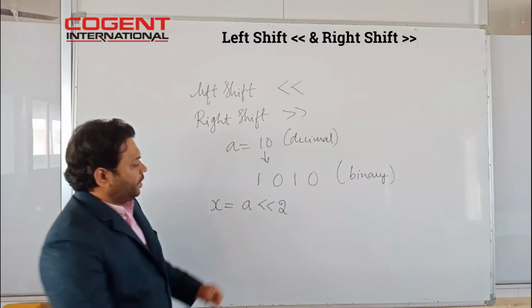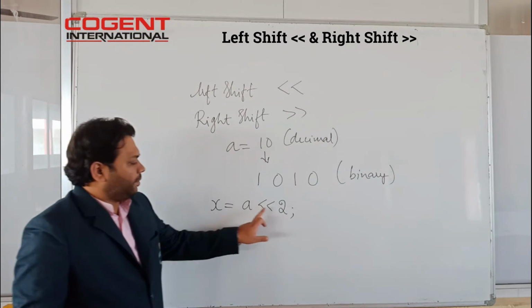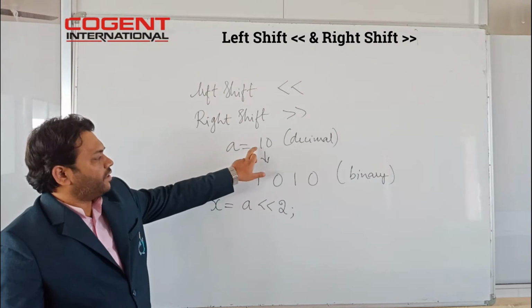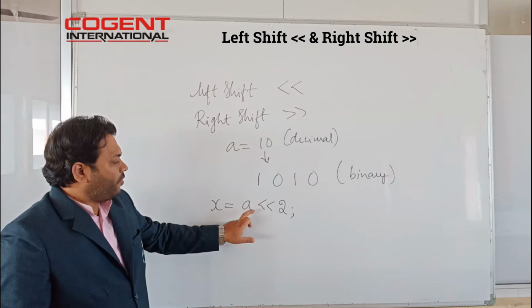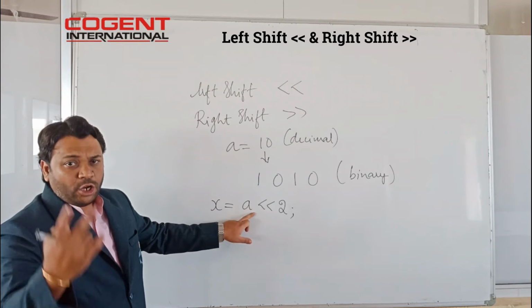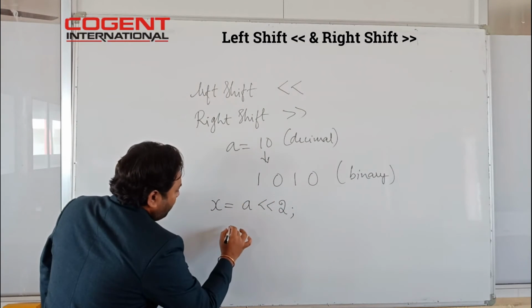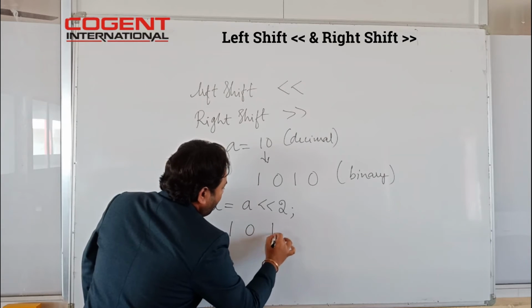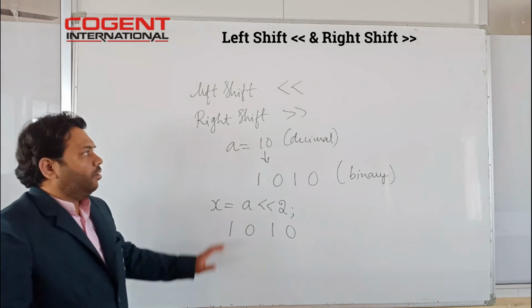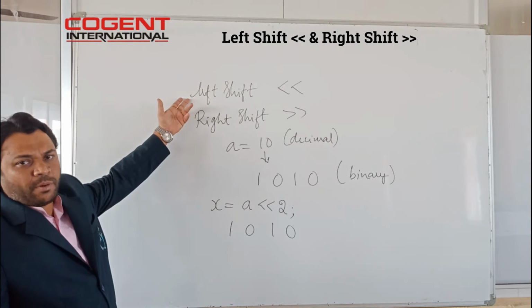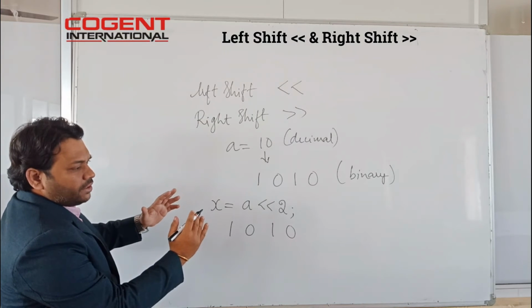I am performing the left shift 2 times. The value of a is 10, which is 1 0 1 0. Now the left shift shifts the bits towards the left.